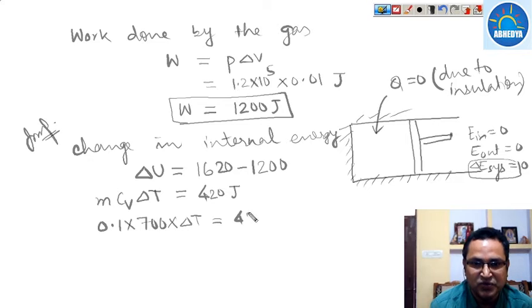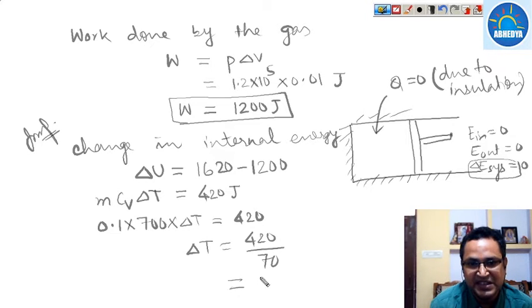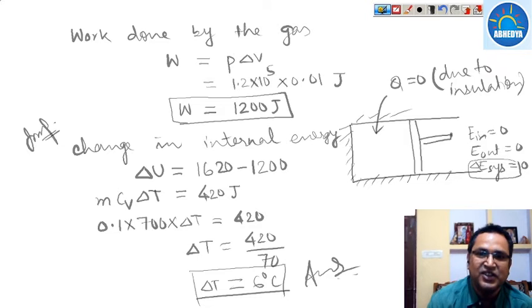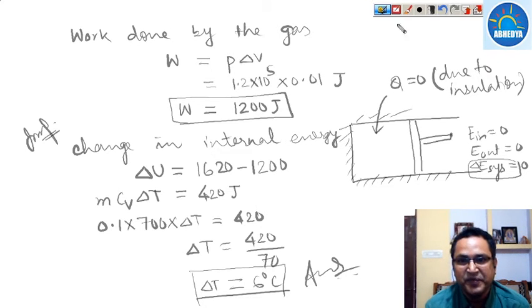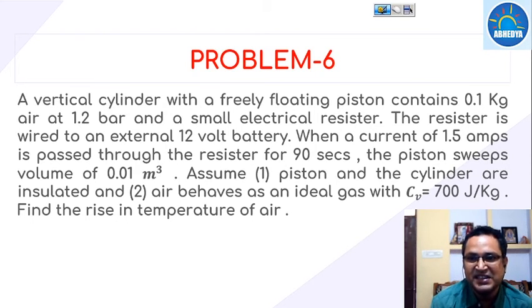So delta T comes out to be 420 divided by 70, which comes to be 6 degrees centigrade. So how much rise in temperature is there? The temperature rises 6 degrees centigrade. So this is your answer.